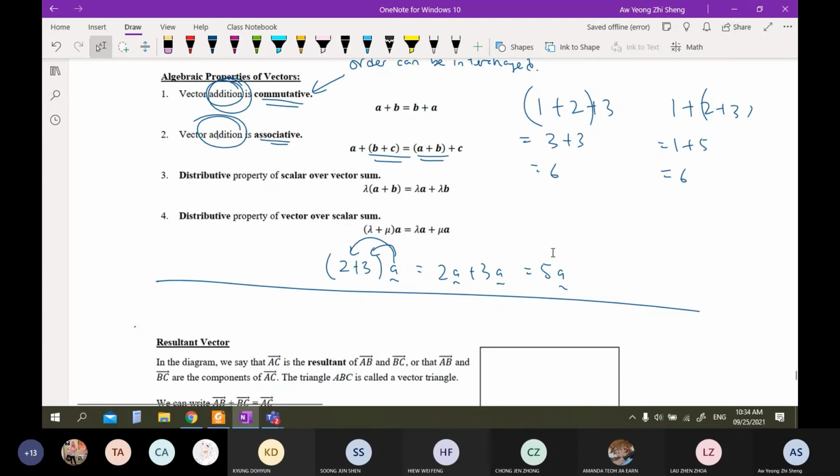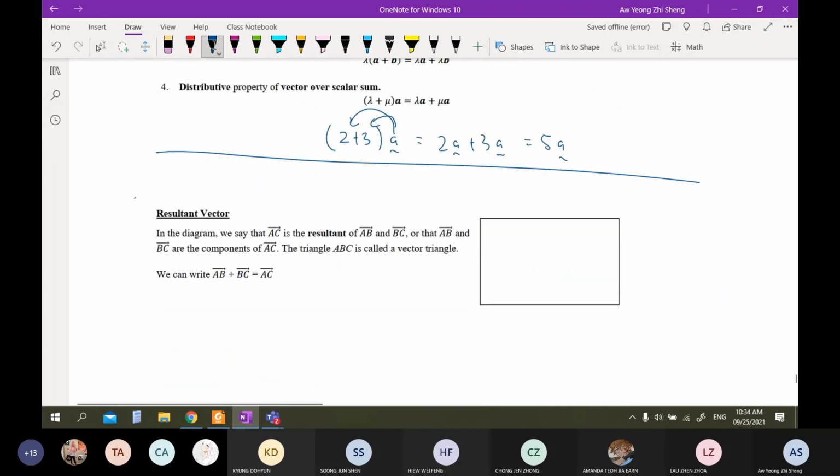The next part is on resultant vector. In this empty box here, I intended for you to draw a diagram. The description says AC is a resultant of AB and BC.